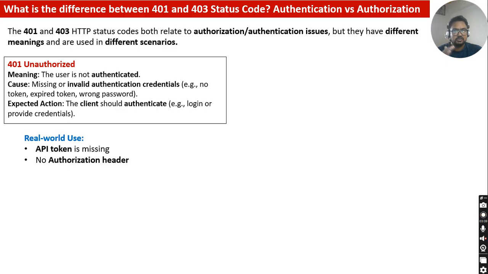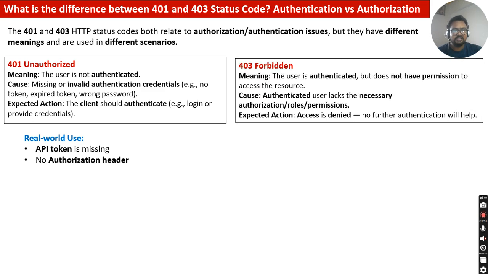So for 401, at the first gate of your company, you are authorized or not authorized. Now suppose you have valid authentication, a valid username and password, to go into the company, but you are not allowed to go to the IT room, the HR room, or the accounts room.